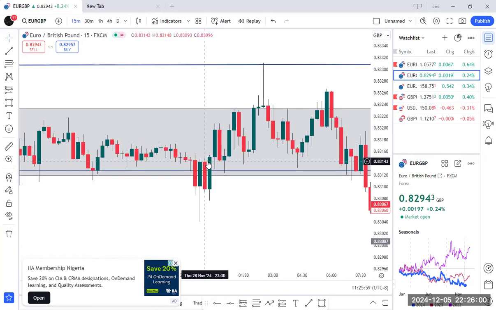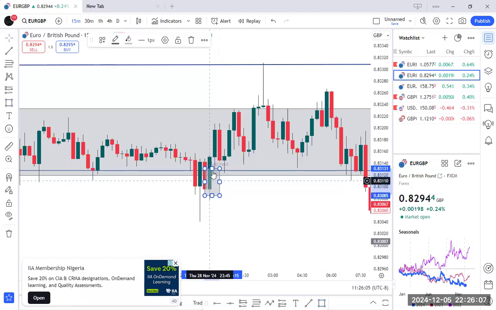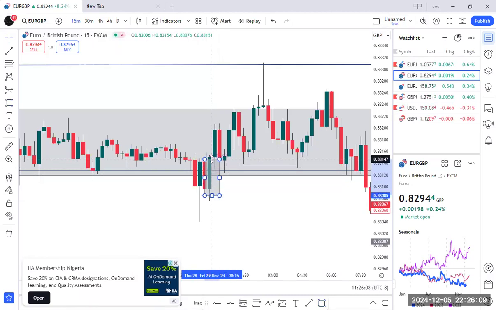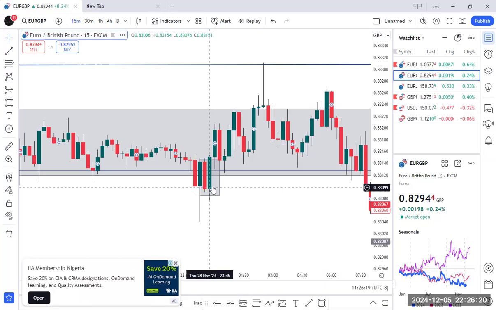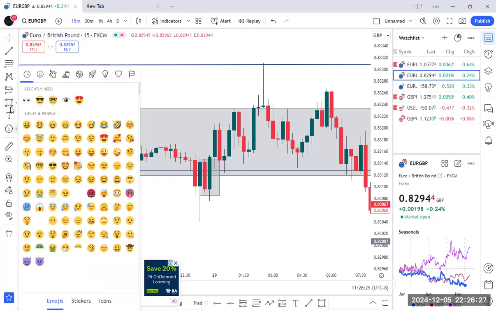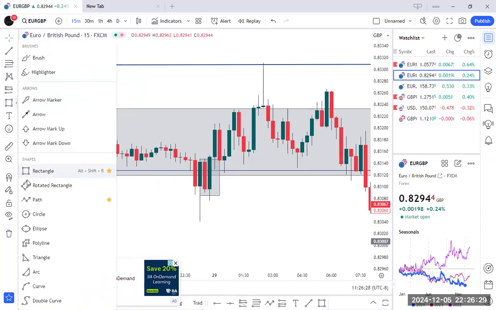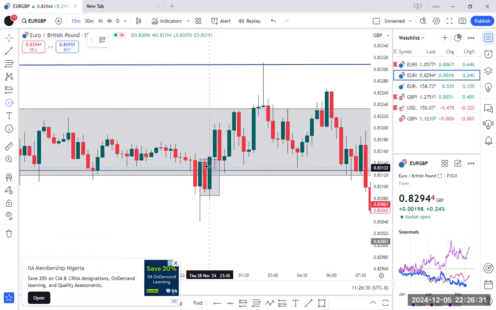If you notice, these two candlesticks are a bullish engulfing candlestick. Let me mark it out. These two candlesticks. There's this two candlestick pattern here.